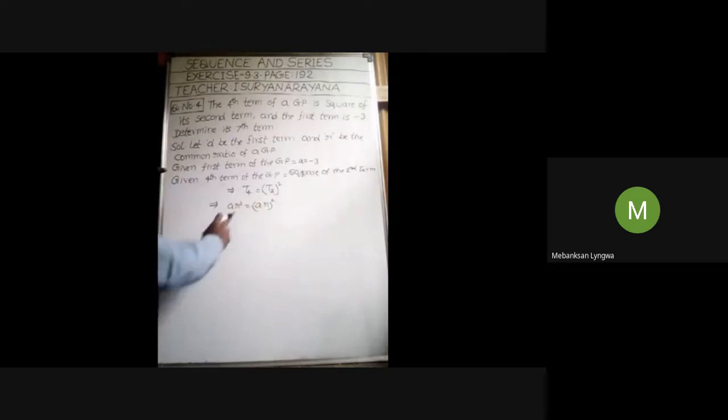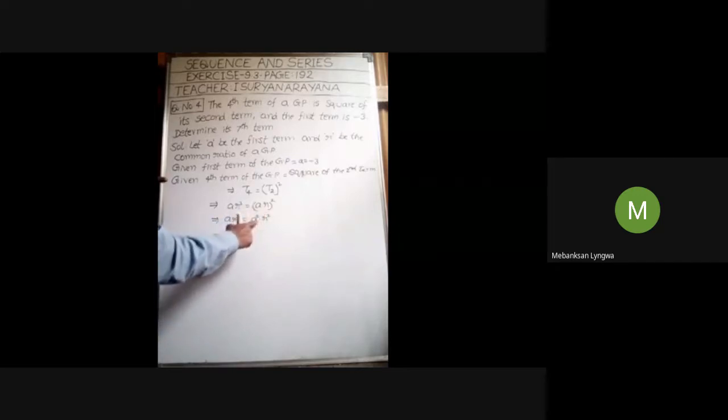Okay, my children, understood this step? This is equal to A r cube is equal to A square r square. By using the laws of exponents, I wrote this step. Understood, my children? What is A value here? -3.